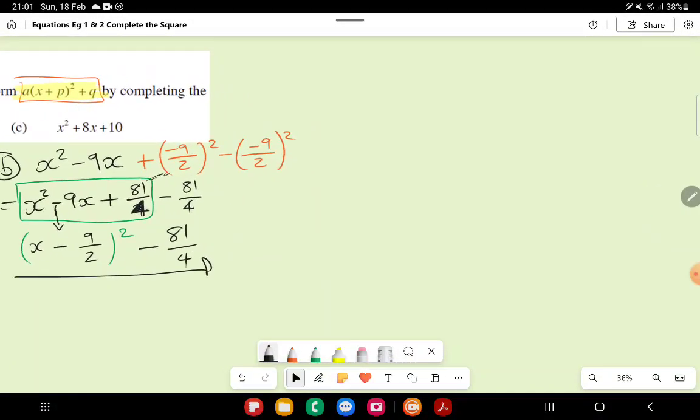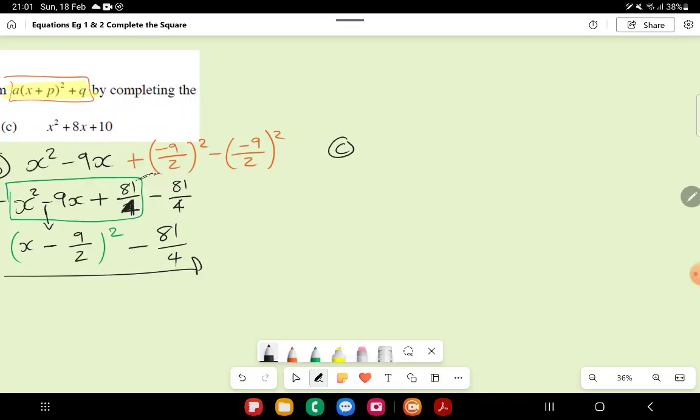Our last one is question C, which is x squared plus 8x plus 10. Now notice on this one, it is a trinomial. It's now no longer plus 0. What you are going to do is start the same way, x squared plus 8x. And you want that perfect square.